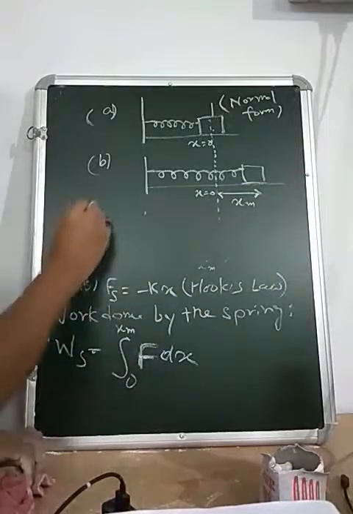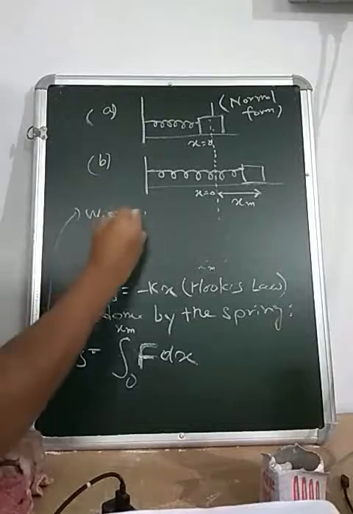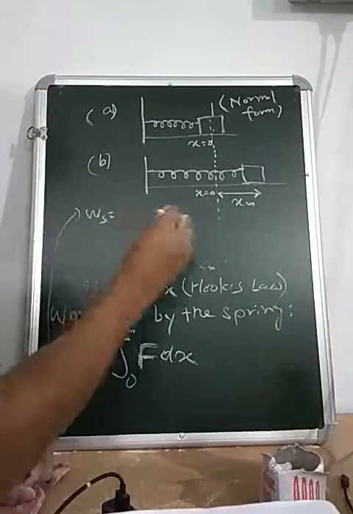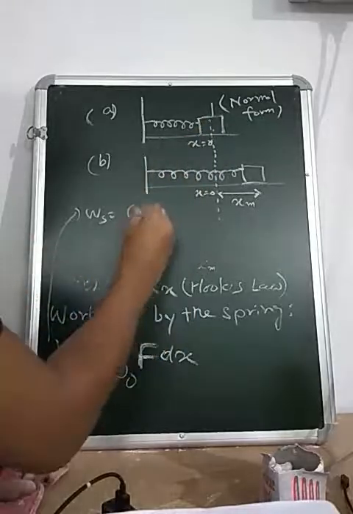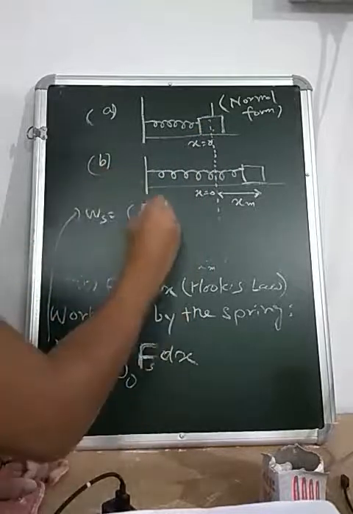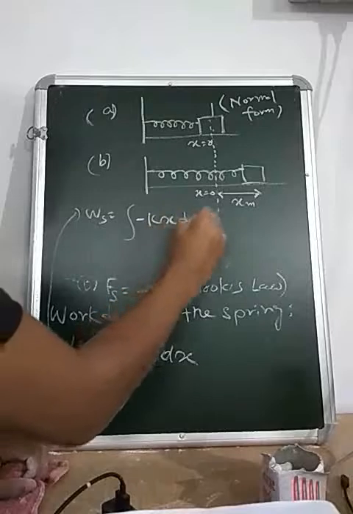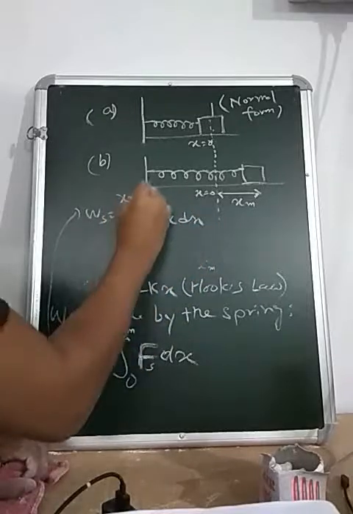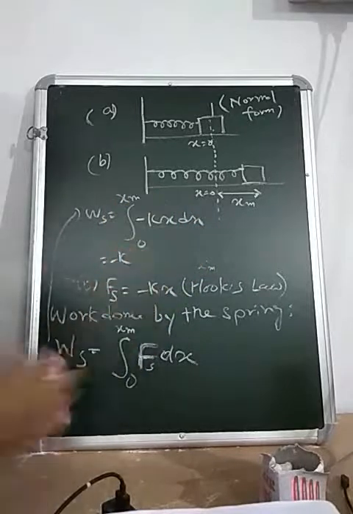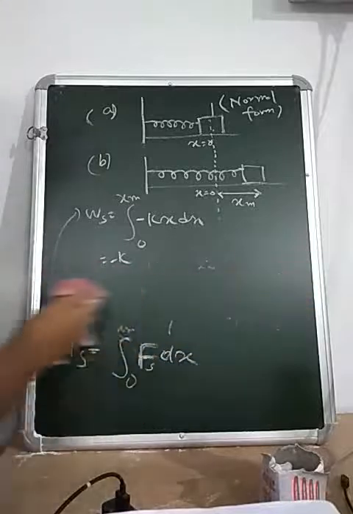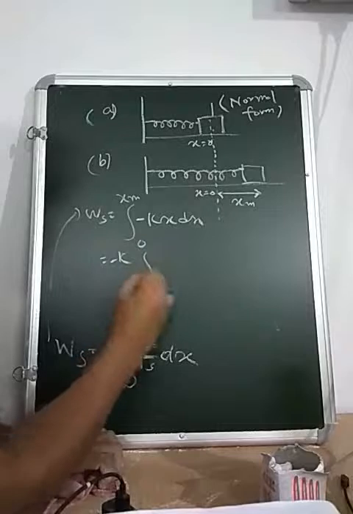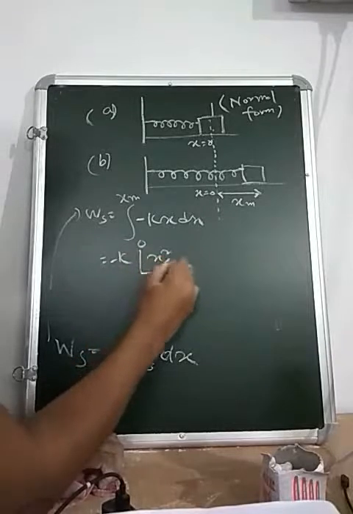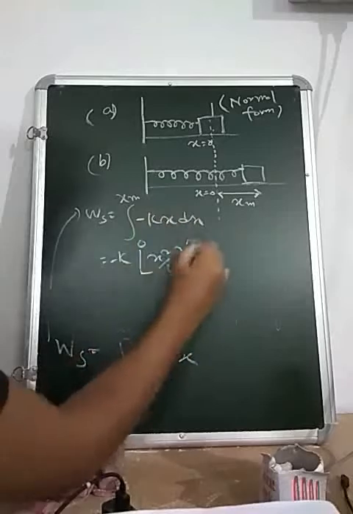So in case B, what is the work done by the spring? F is equal to minus kx. This is Fs. The integral of minus kx dx from 0 to xm. So minus k, and if we solve the integration, x squared by 2 from 0 to xm.